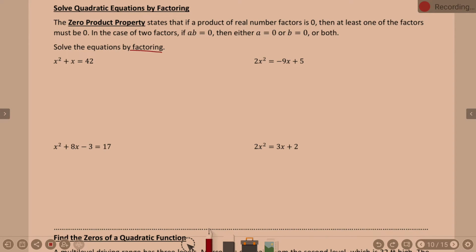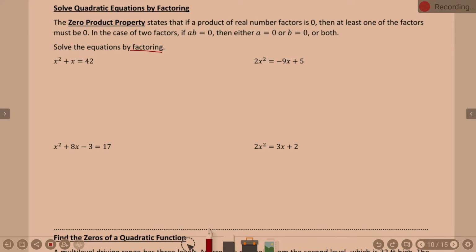what's got to be the first step before I factor these equations? They multiply to and they add to. Yes, but I don't want to do that quite yet. What do we have in this equation that we didn't have when we were just factoring on Friday? We have an equal sign, yes. When we factor, I want it in the form x squared plus bx plus c. Do I want an equals in the middle?